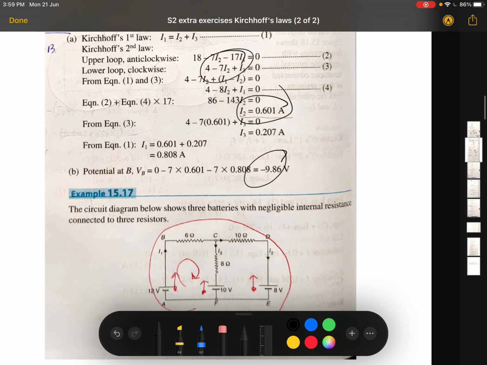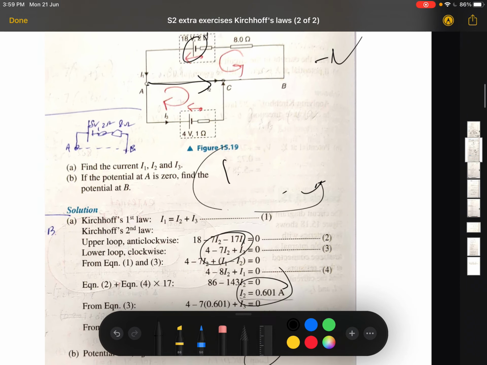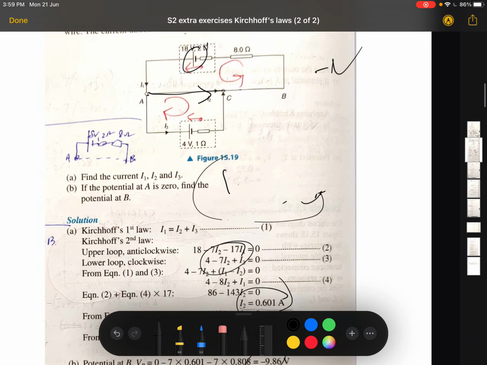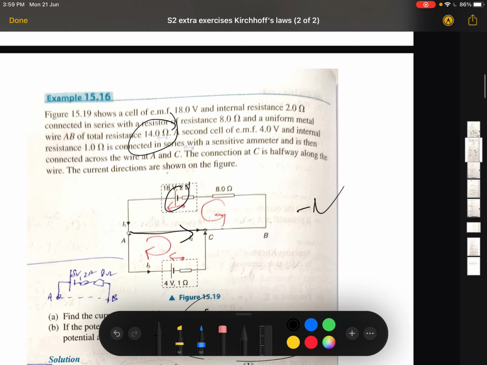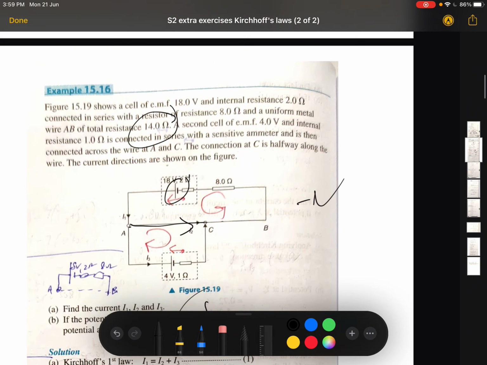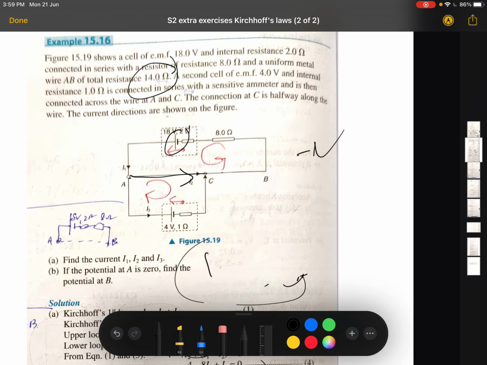Your voltage is negative. So I guess that's how you get negative.